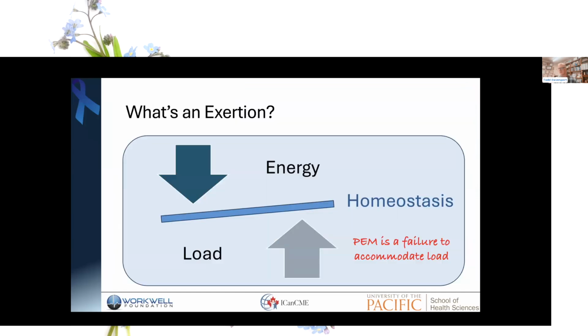So just briefly, to define an exertion: it is anything taking the body away from homeostasis, load that's imposed on the body system that takes energy in order to counteract. When you view PEM in this context, PEM is a failure to accommodate to and adapt to loading, which as an exercise scientist is fascinating because PEM breaks all the rules that we thought we knew about how the body responds to exercise.